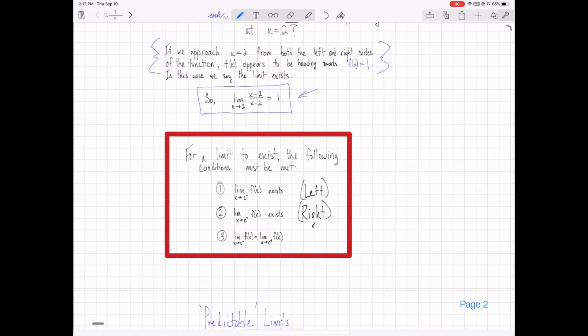And so that would be coming from the right. And if those two numbers are the same, then we say the limit exists. So these conditions all have to be met. The left limit has to equal the right limit, which is what this is saying in this step here. Both limits are the same, therefore the limit exists.